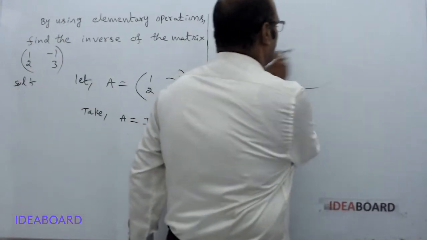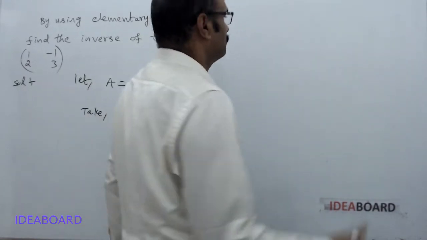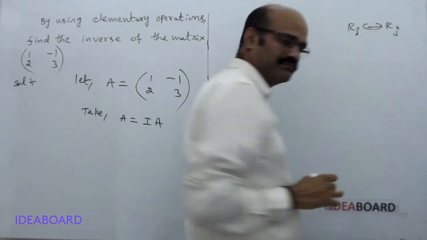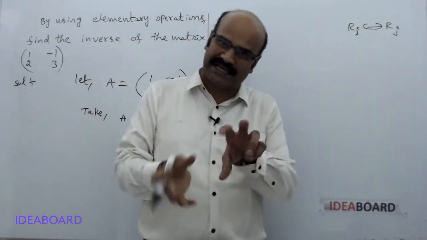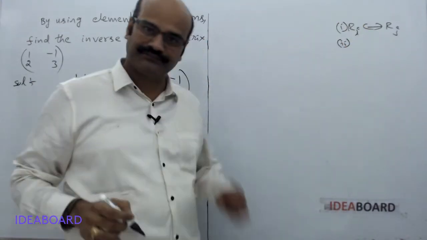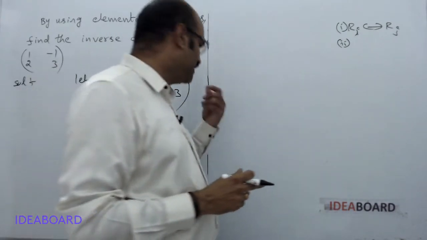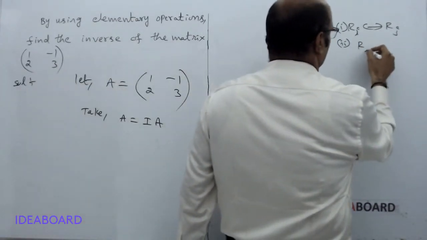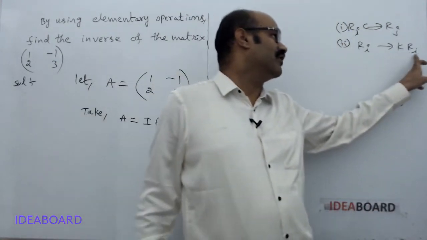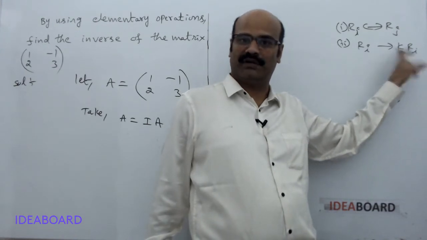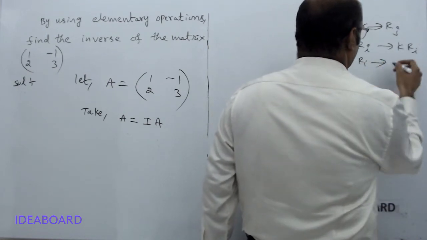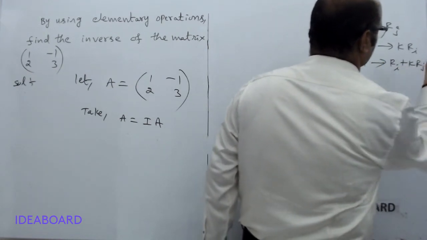So we know that the 3 row operations are: Ri and Rj can be interchanged, that is, any two rows can be interchanged. This is the first one. The second one is you can multiply any row by any scalar, k into Ri, where you have to multiply by a non-zero number. Third one is Ri implies Ri plus k into Rj.